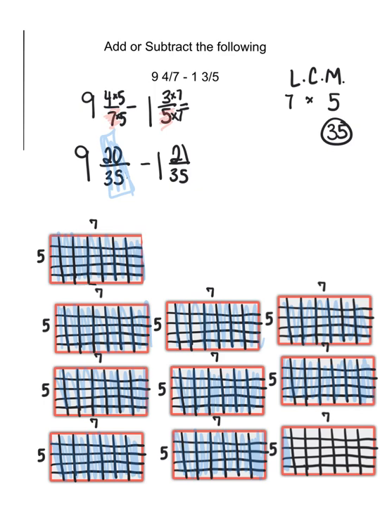Five, 10, 15, 20. 5, 10, 15, 20 out of 35.